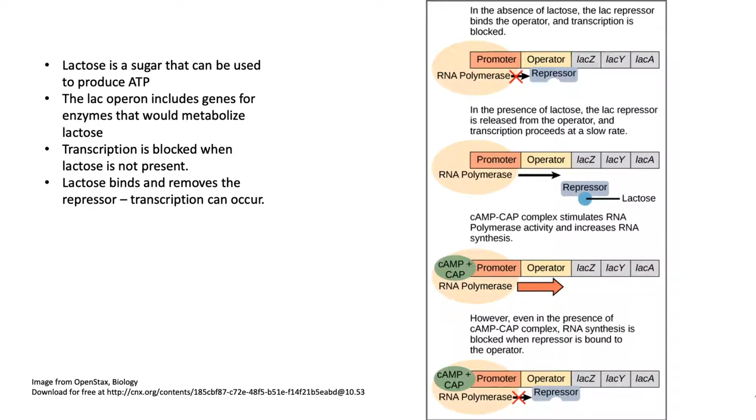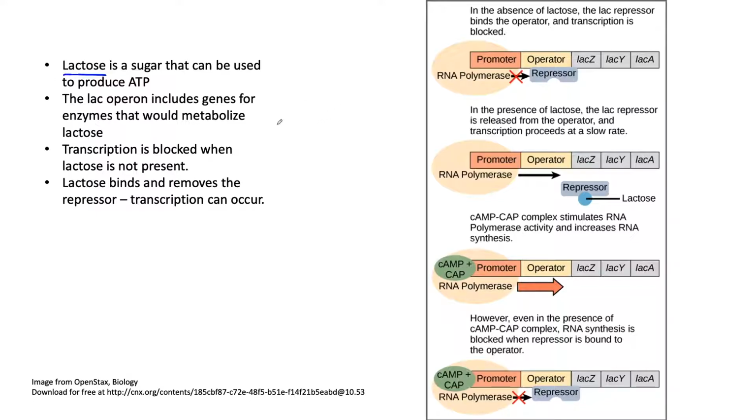Now let's look at the Lac Operon. So there's a few things that I want us to understand before we get into the figure. First of all, lactose is a sugar, and a bacterial cell, just like us, can use it for energy source to produce ATP. So in other words, we can metabolize it, use it as an energy source.